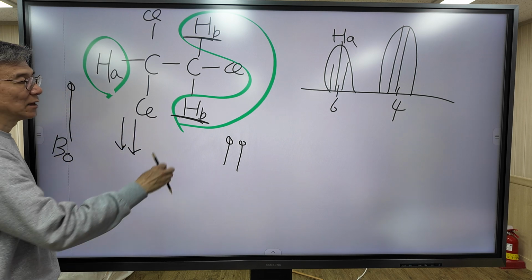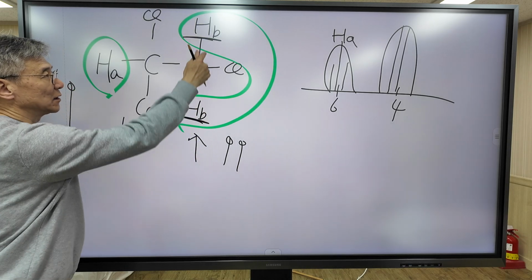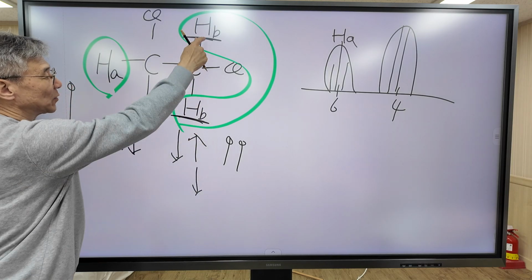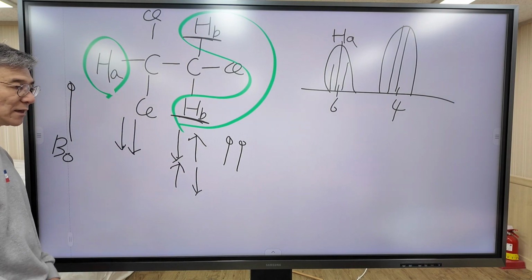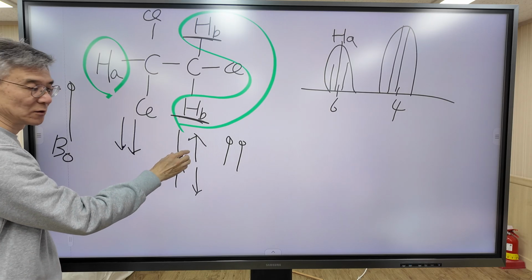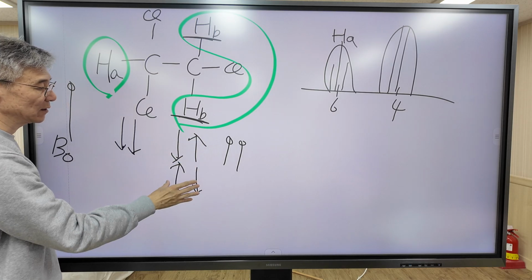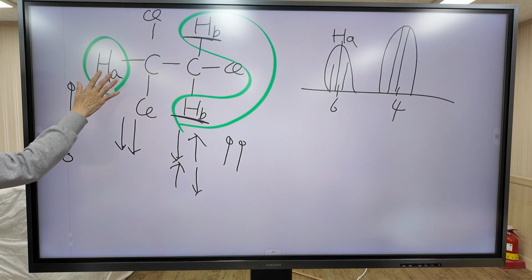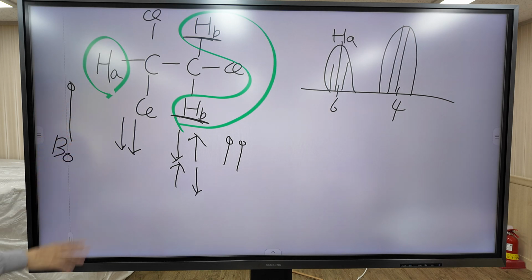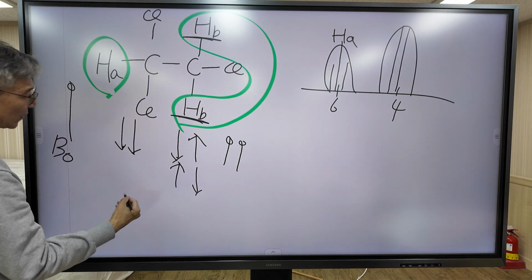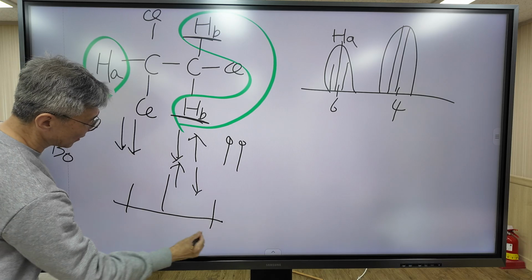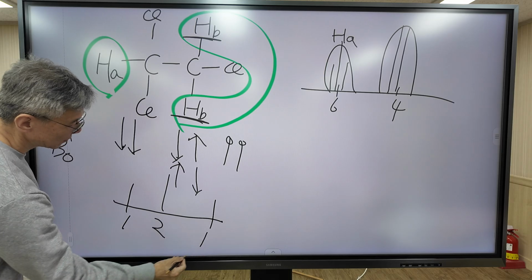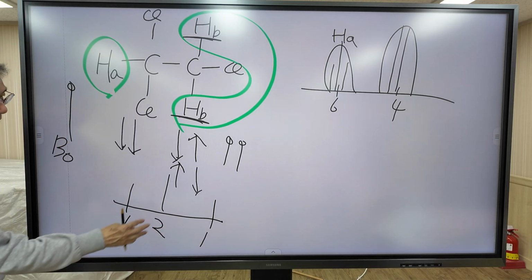The third possibility is that one proton is up spin and the other is down spin, and vice versa. In this case, the spins cancel. So these two combinations cancel exactly, and the Ha proton feels exactly B0. So the peak splits into a triplet, with intensities 1 2 1, because there are two possible ways for the middle one.